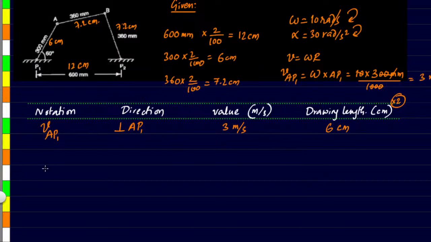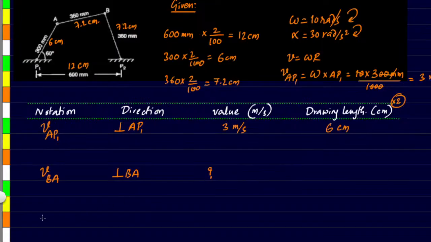Next, we'll have to find the velocity of B with respect to A. The velocity should be perpendicular to BA. The value in meter per second we don't know actually; we'll have to measure it in the diagram and then convert it back.